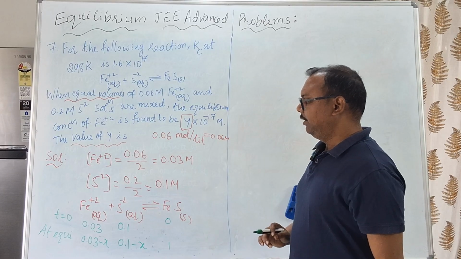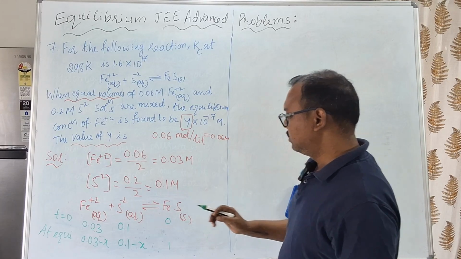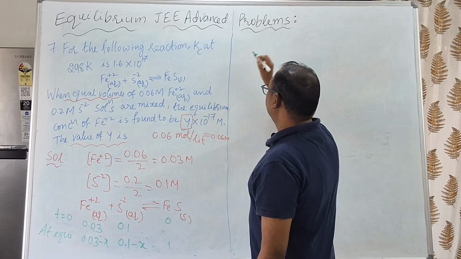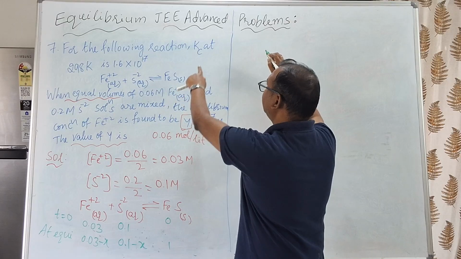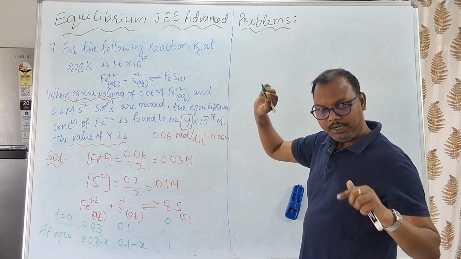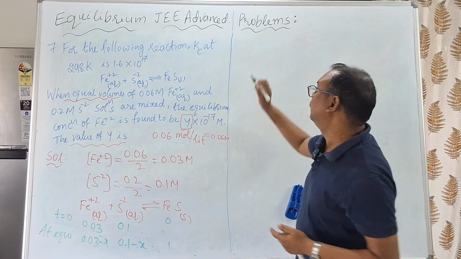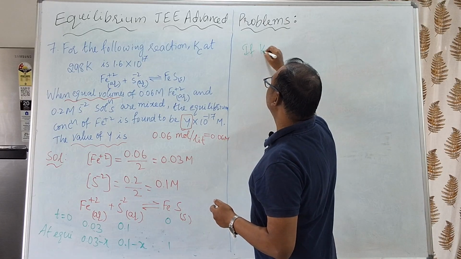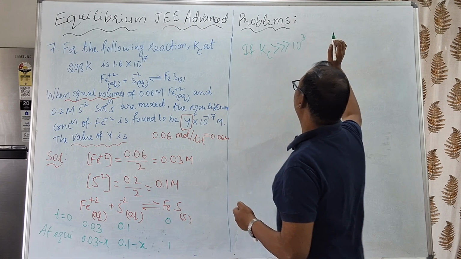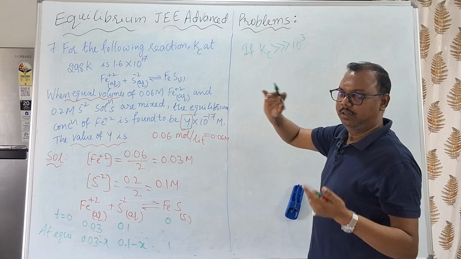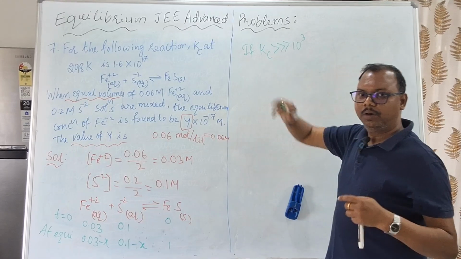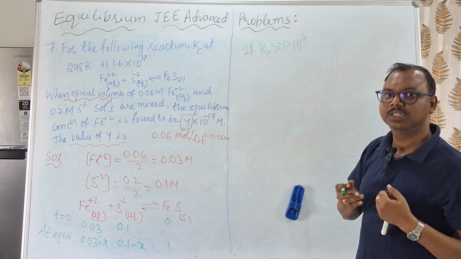And when we consider 0.03 minus x, you see the Kc is given. We know the condition already from the concept: if Kc is very much greater than 10 power 3, then the reactant concentration becomes 0.